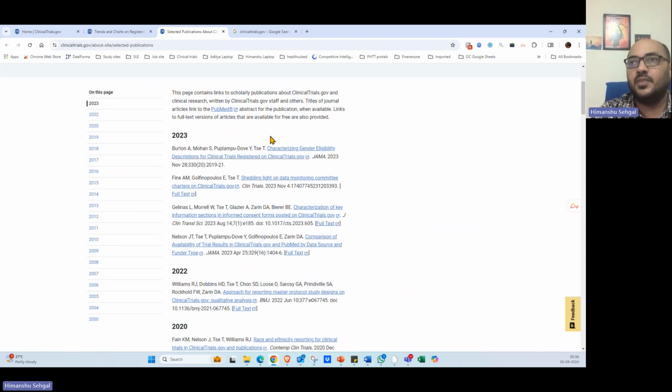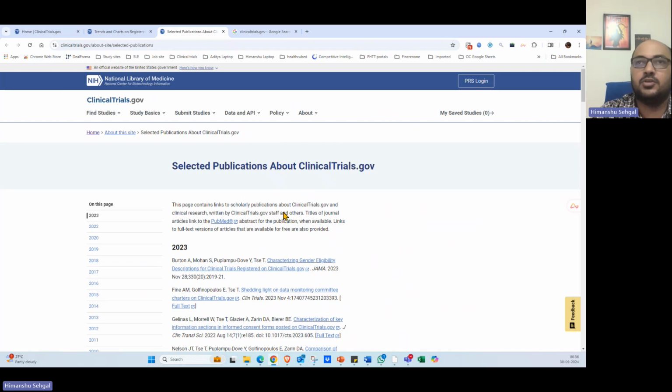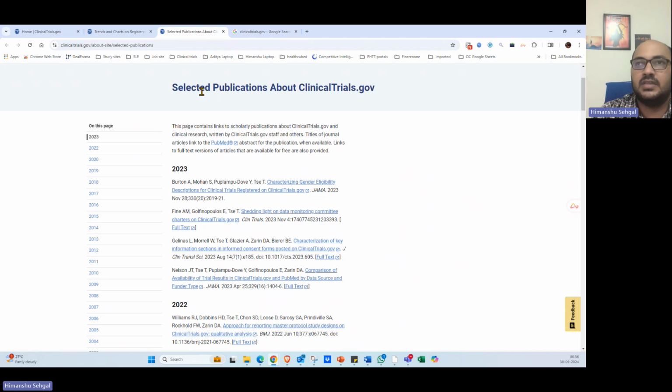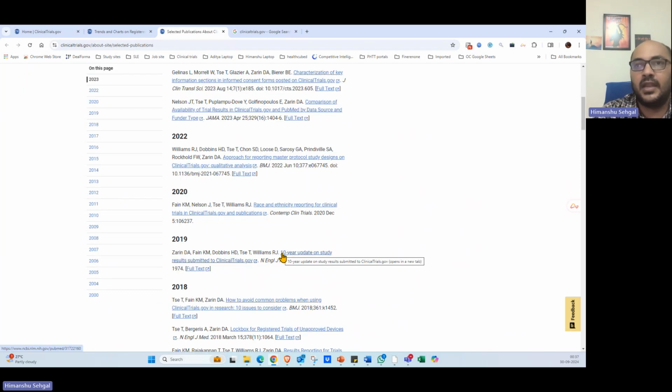So because PubMed is their own platform, they have selected those papers which are talking about city.gov especially. So these are those papers basically. If you want to check out any of those papers, I have read a few of these, not in 2023, but 19 and 20, and 18.